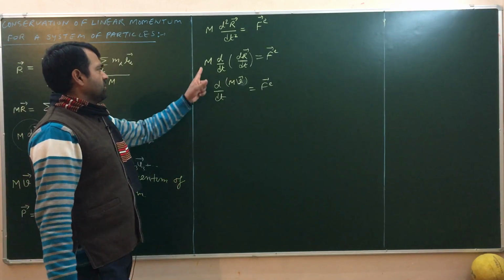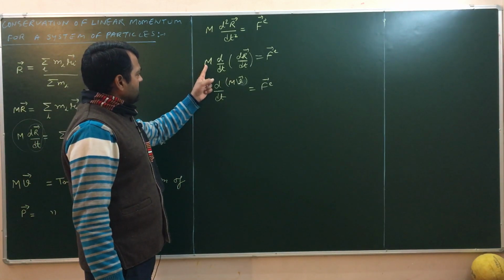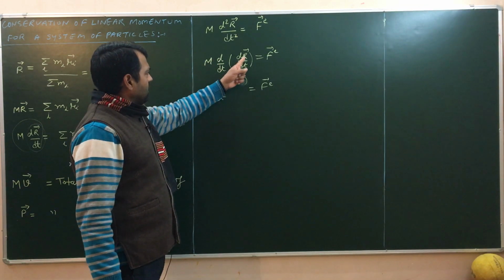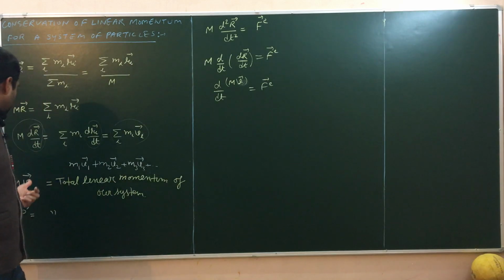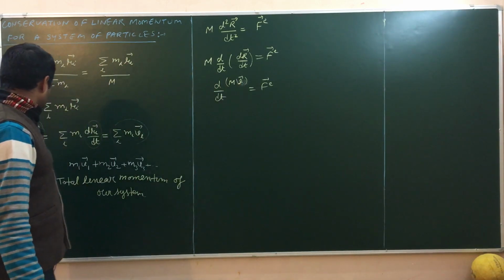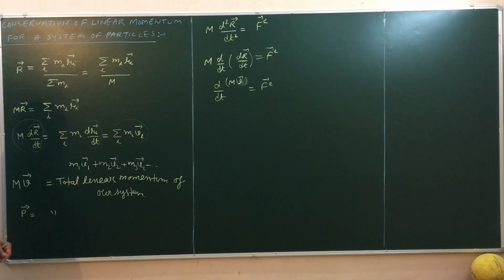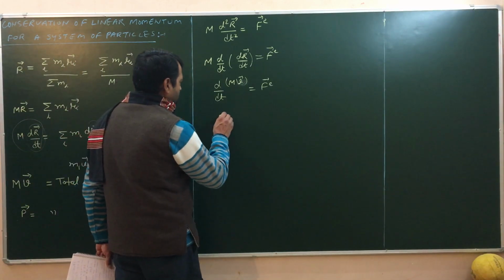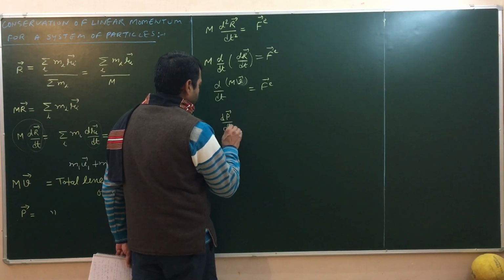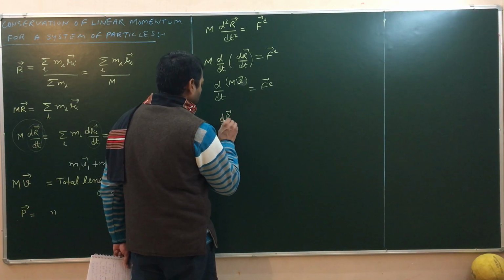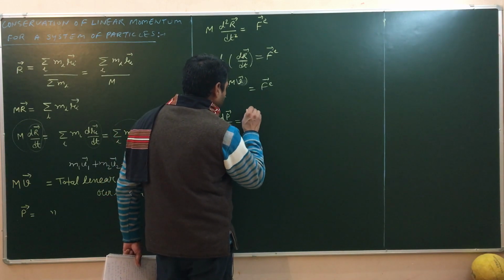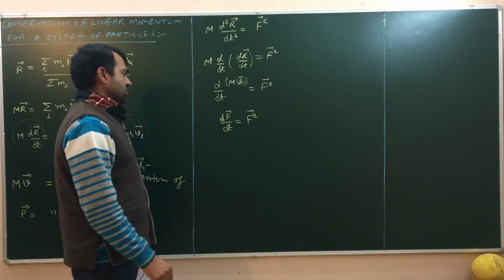Dear student, here m can be taken inside this differential, and dr by dt we have already defined as the velocity of the center of mass, and m into v is defined as the momentum of the center of mass. Then student, you will get dp by dt, the rate of change of linear momentum of our center of mass, equals the vector sum of external forces acting on the system.